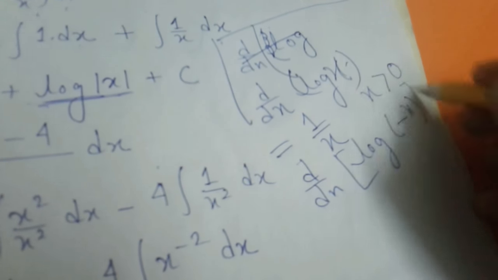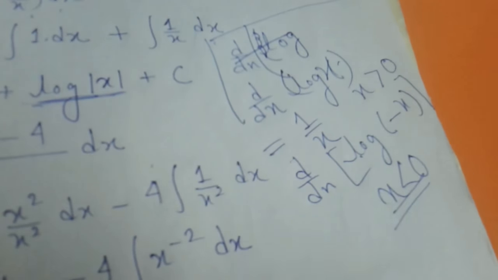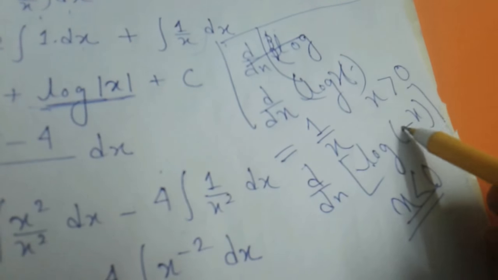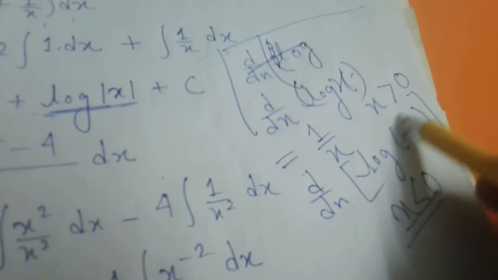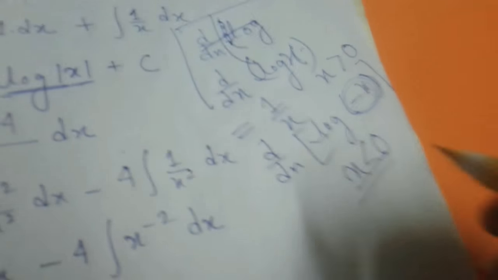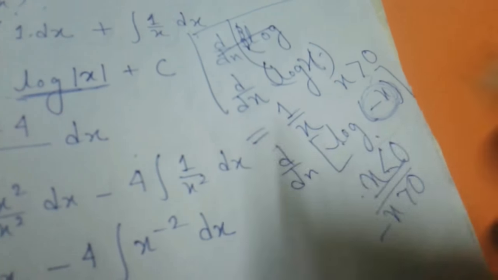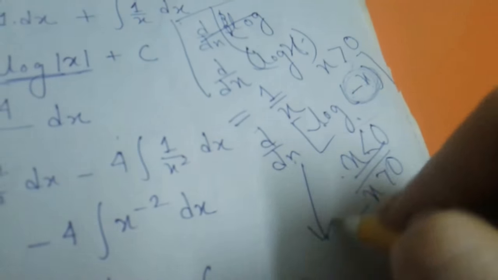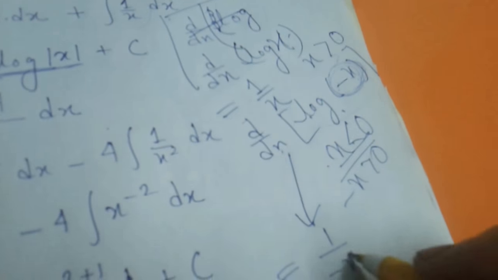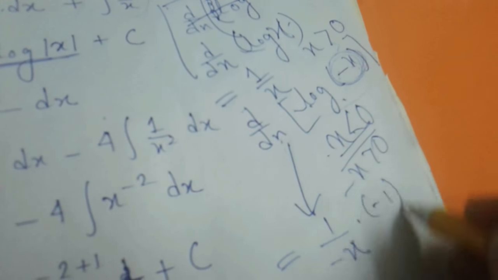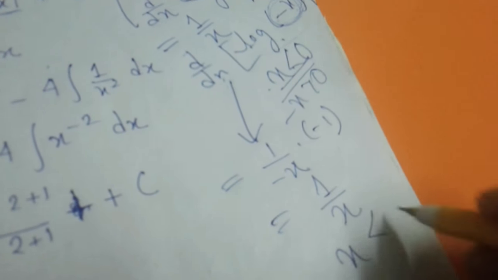minus x, where x less than 0. Since x is less than 0 and log of a negative is undefined, we make it positive, that is minus x. x is negative, so minus x is positive, minus x greater than 0. x less than 0 means minus x greater than 0, so this is defined, then equals to 1 by minus x, by formula, into the derivative of minus x, which is minus 1, that is minus minus plus, so 1 by x, where x less than 0.